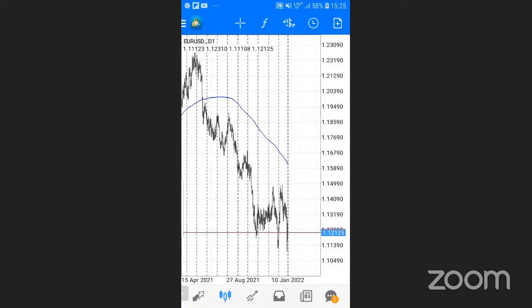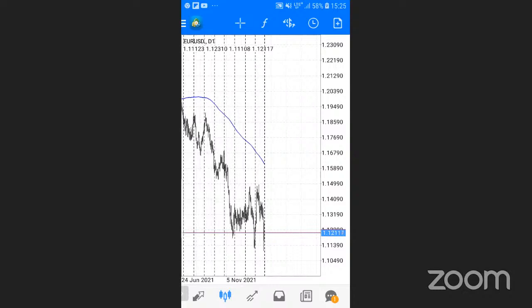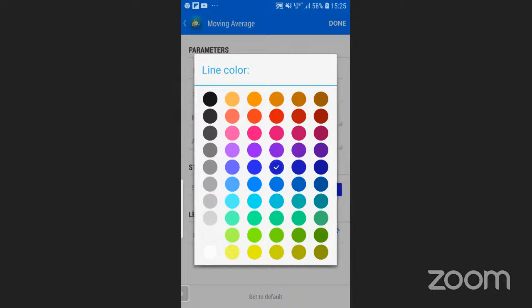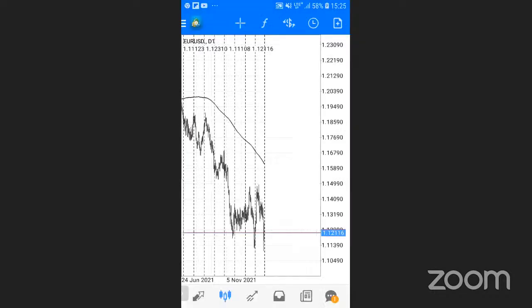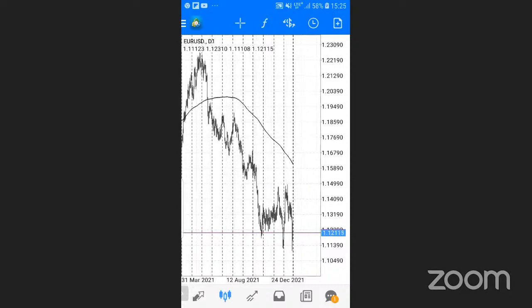Did I choose blue? Let me go back. Okay, I chose blue. So this is my 200 period moving average on this chart.